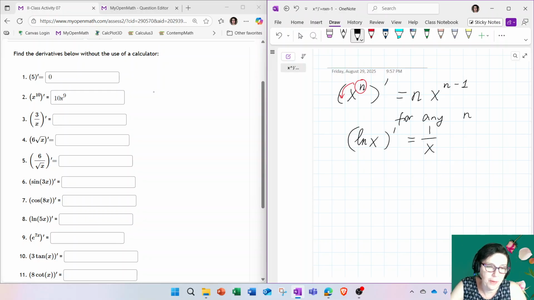And so they automatically will say, oh yeah, so then if it's 1 over x, that becomes log. Well, no, you can't just swap them and think that's going to be the same. That's not true. So how in the world am I supposed to take the derivative of 3 divided by x? It is not going to be natural log of 3x or 3 natural log of x or whatever. That is not correct.